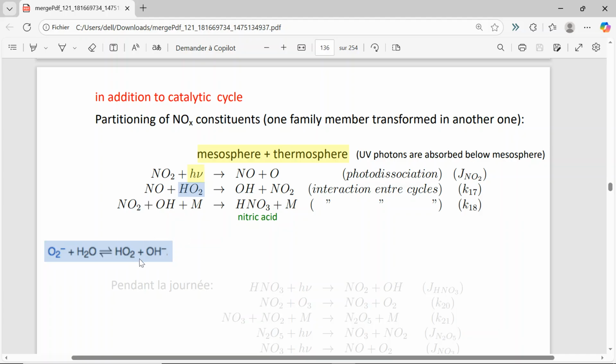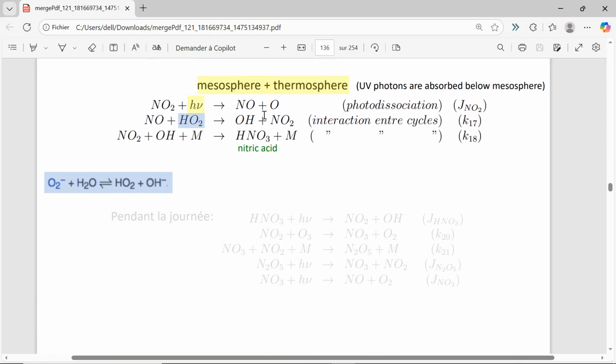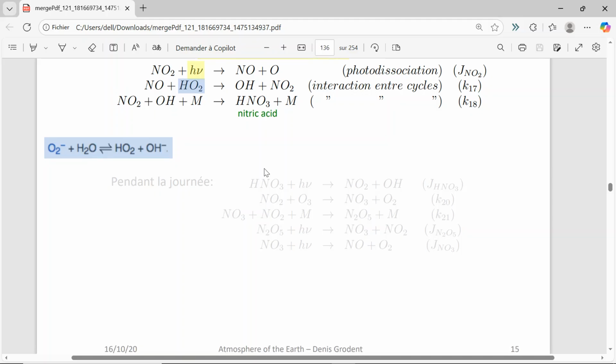That will lead to the formation of this HO2 that will react with the NO in order to produce OH plus NO2. OH plus NO2 is a third body recombination process, so we need to have a high density because M will be important in that formation, which will lead to nitric acid.